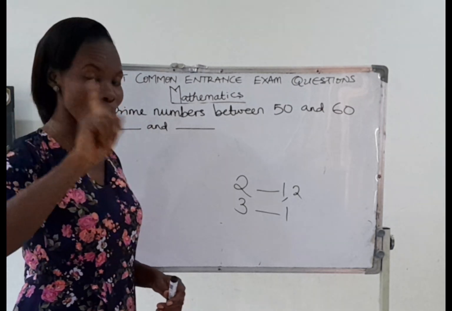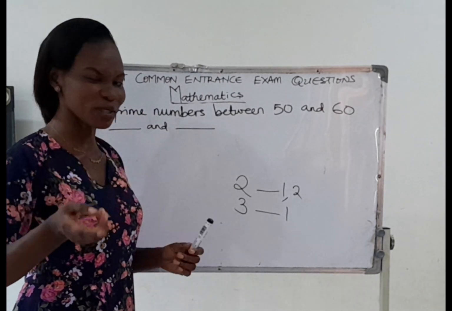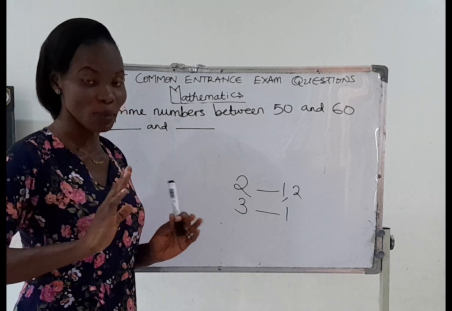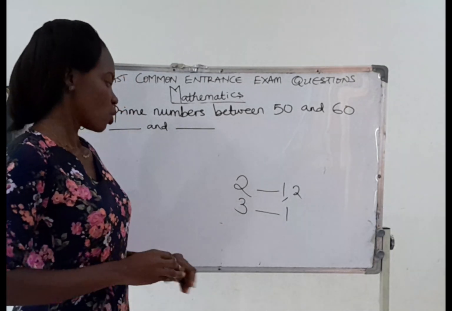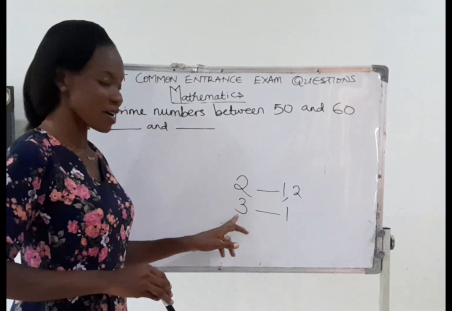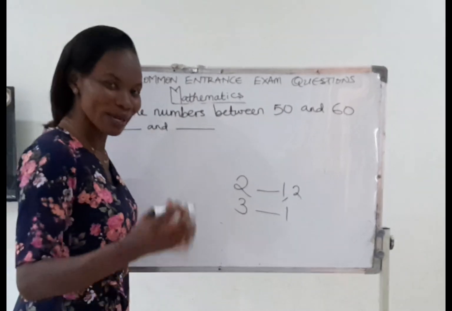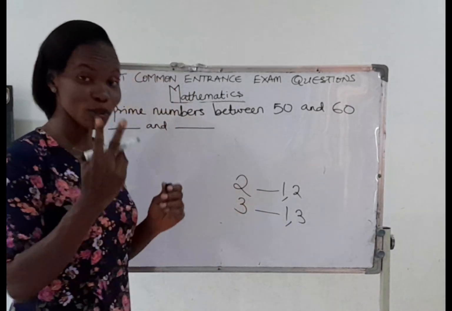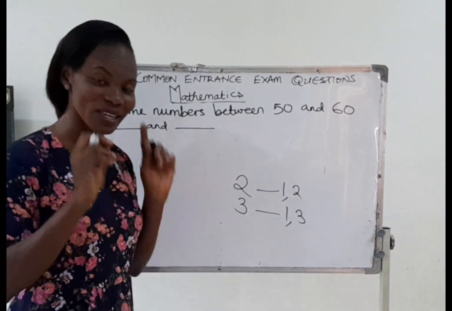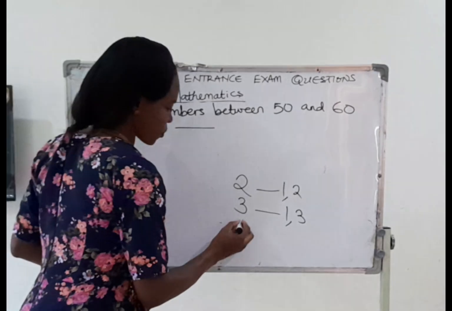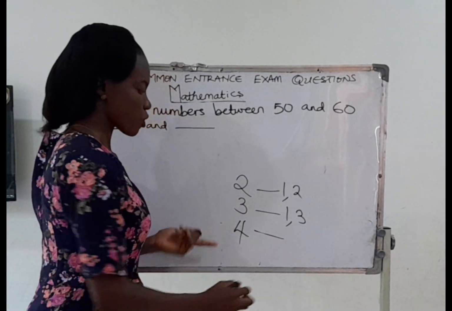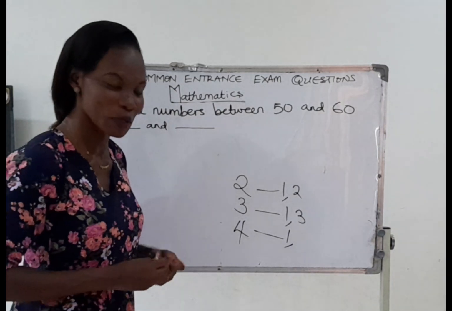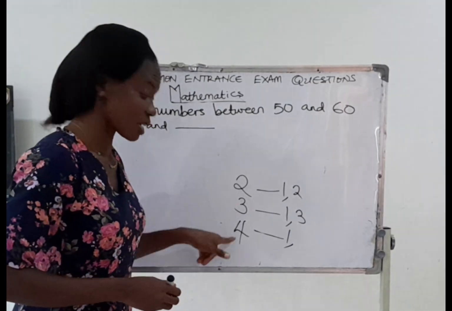So you can say a prime number is any number that can divide itself only, because 1 is automatically a factor. 2 cannot divide 3, so the next number that can divide 3 is 3. So it has only 2 factors, and 3 is qualified to be a prime number. Okay, let's look at 4. Of course, 1 will divide 4. Is there any other number that can divide 4? 4 is an even number, so 2 can divide 4.